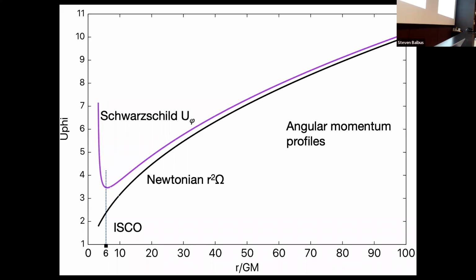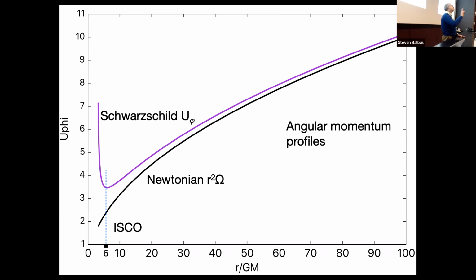Let's see how sophisticated you are. Sorry about that. I like the Socratic method. Does anybody here know what happens to a rotation profile where the angular momentum is not increasing outward? Good.